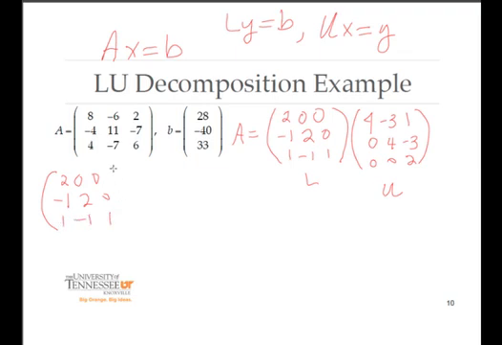And again, let's represent and index the vector appropriately: y1, y2, and y3. Close the vector. What does that have to be set equal to? The original right-hand side B: 28, minus 40, 33.